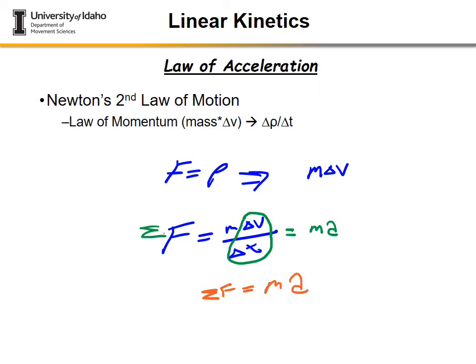And that a, or acceleration, is the result of that mass's change in velocity over time, which is the acceleration component. This is how we have derived the law of acceleration from the law of momentum and shown that they are exactly the same concept.